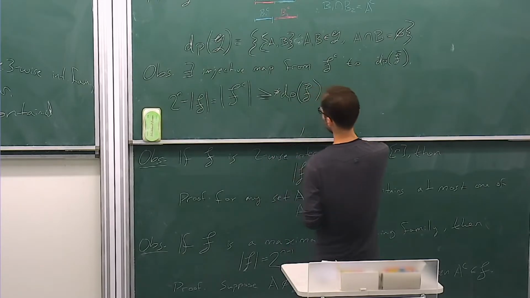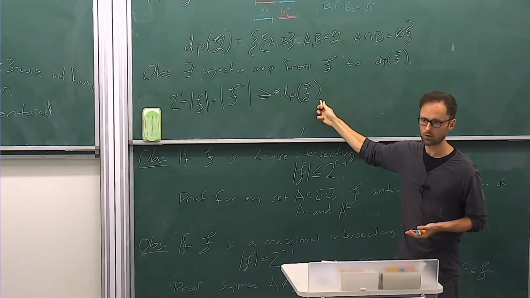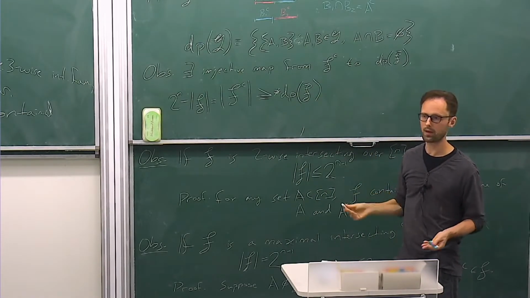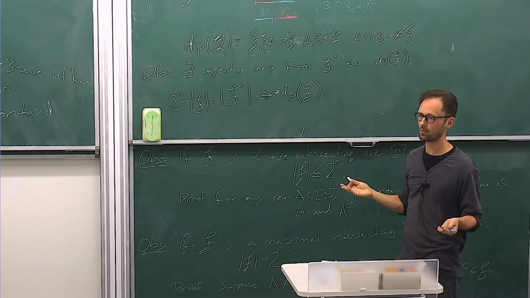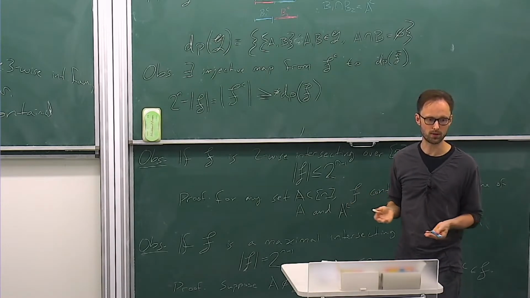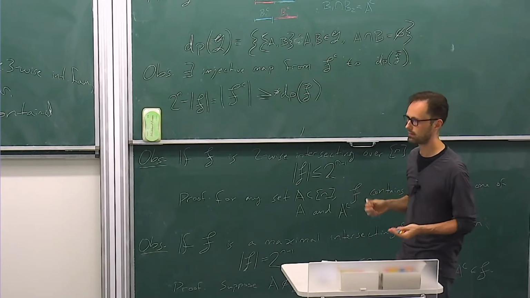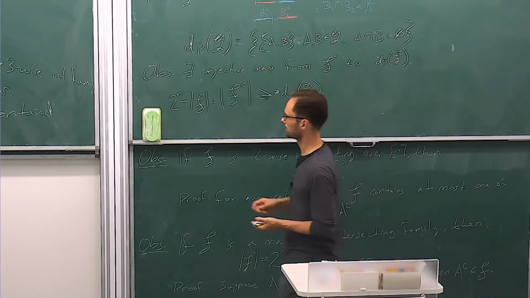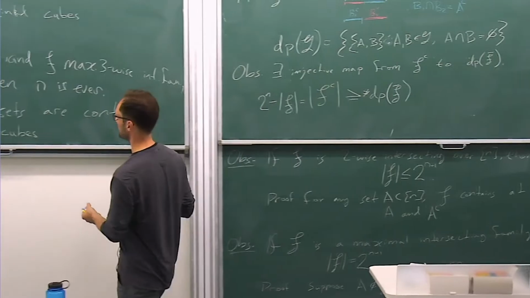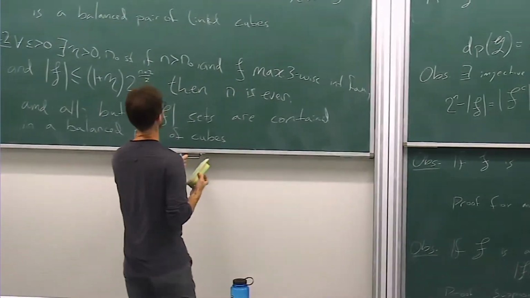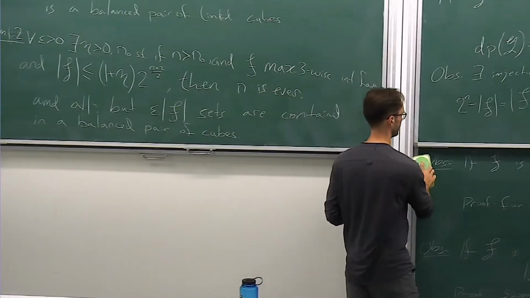So what we need to do is get a stronger lower bound on the number of disjoint pairs than just, well, obviously the number of disjoint pairs is at most the number of pairs. But the disjointness gives a handle on improving that.